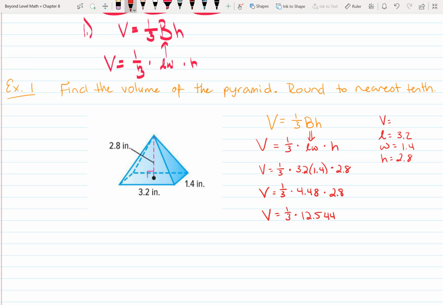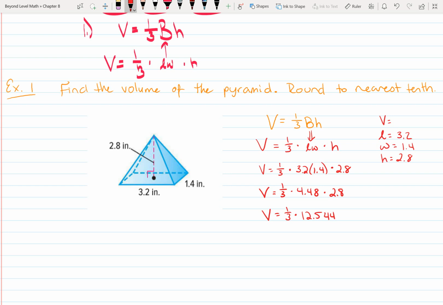So depending on what kind of calculator you have, do 12.544 times, and then you can do parentheses 1 ABC 3 close parentheses, or you can do times parentheses 1 divided by 3 close parentheses.